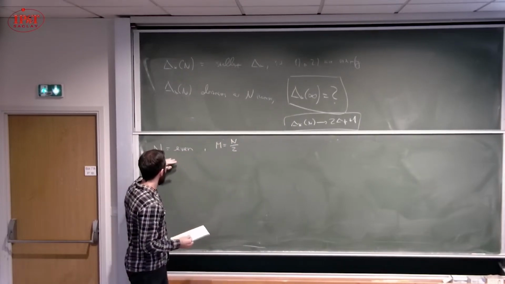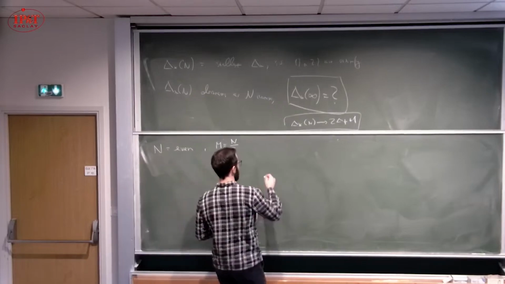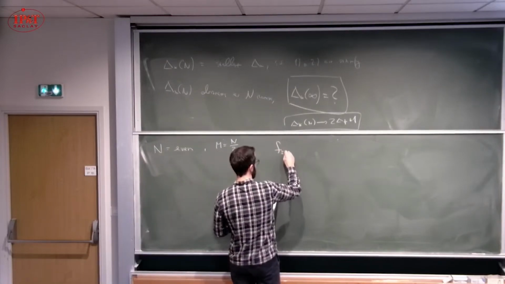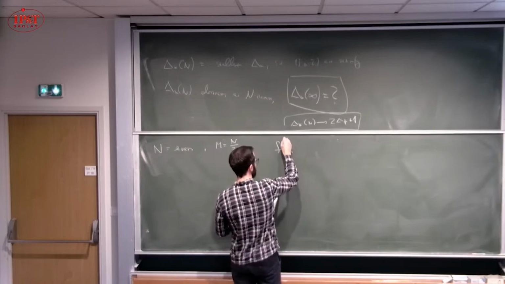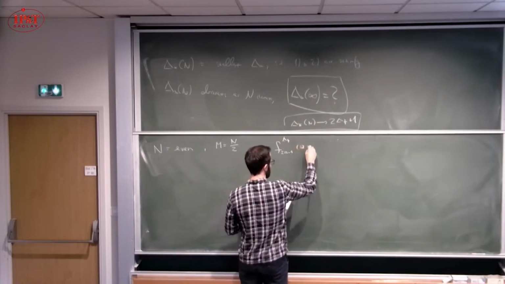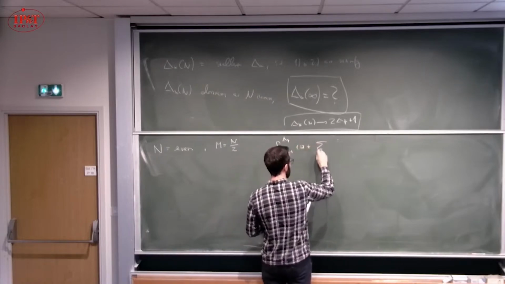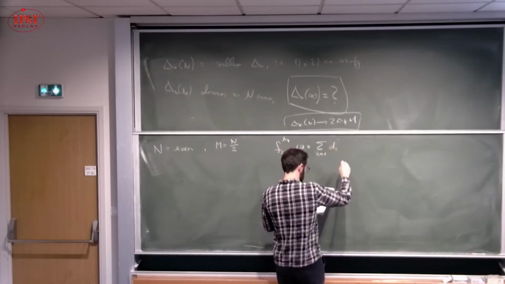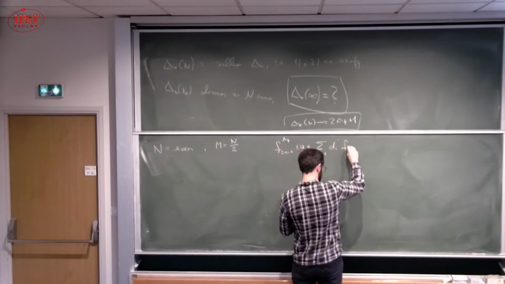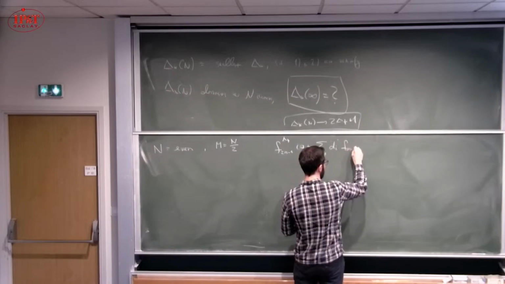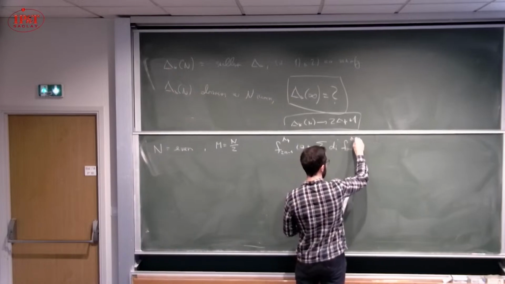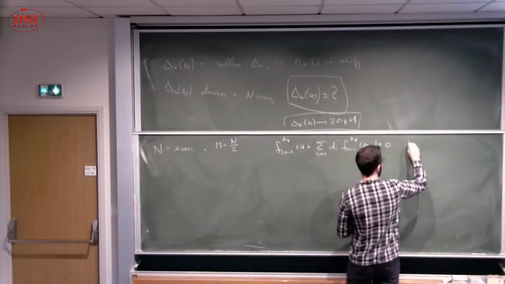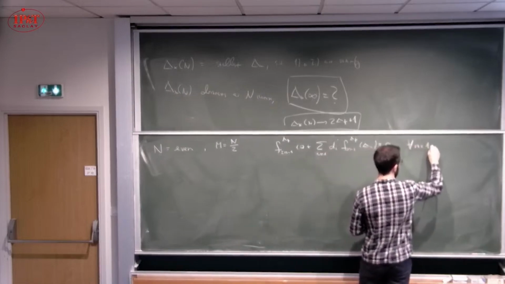Then this means that what we are imposing are these constraints, for all n between 1 and capital N.